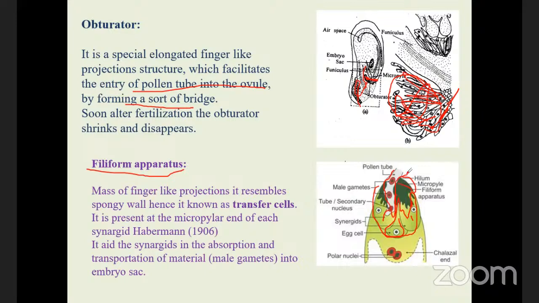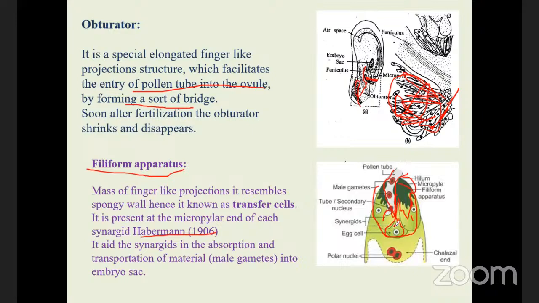In the synergid, the filiform apparatus, the finger-like projections, absorb this male gamete and transport it, giving the way to the male gamete toward the egg cell.